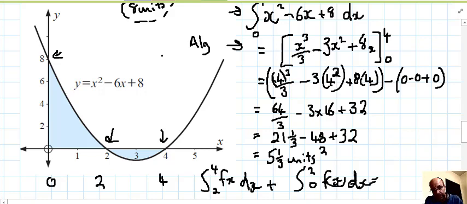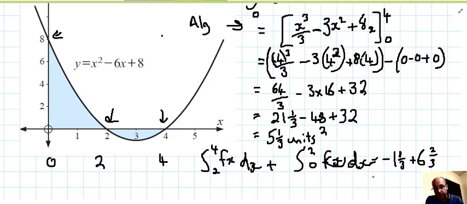And interestingly enough, those two results respectively would have been negative 1 1/3 and 6 2/3. You can see the 6 2/3 there and the negative 1 1/3 there, if we're talking about algebraic area. And you can see that when we add those together, that will be 5 1/3, which matches our answer.